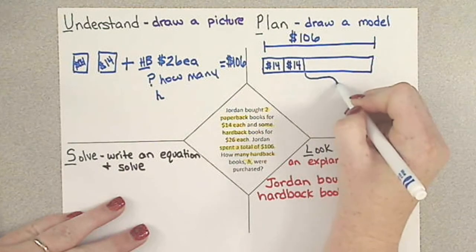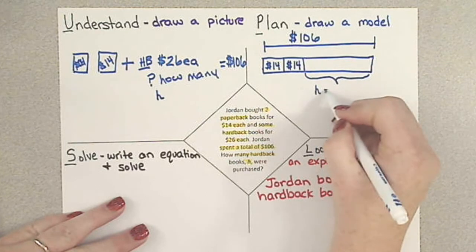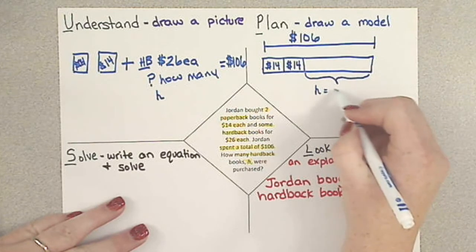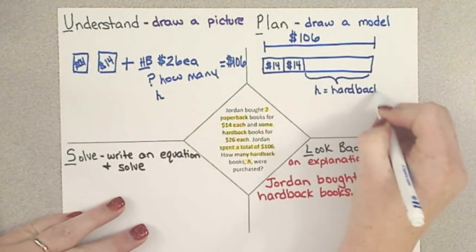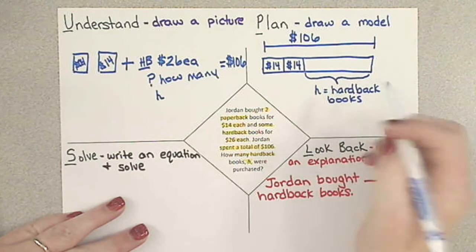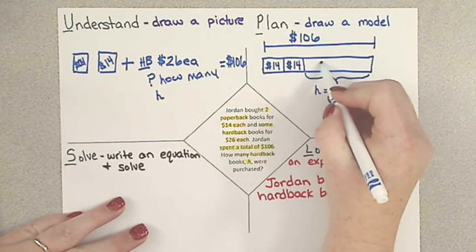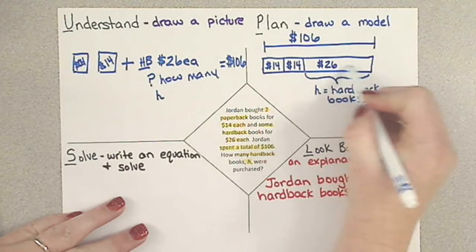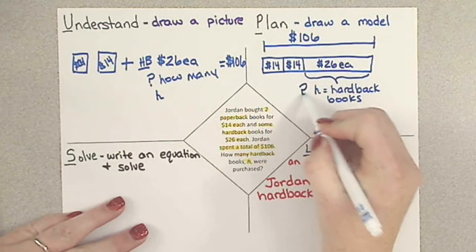And the rest of this section is H, which equals the hardback books that were $26 each. Okay.